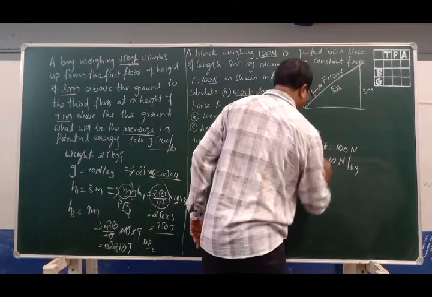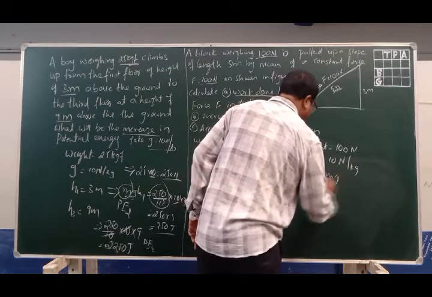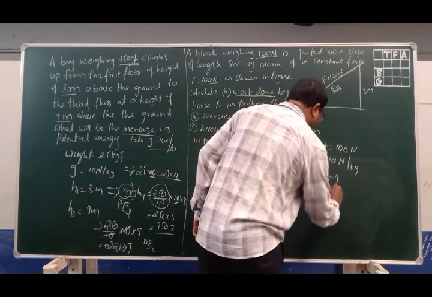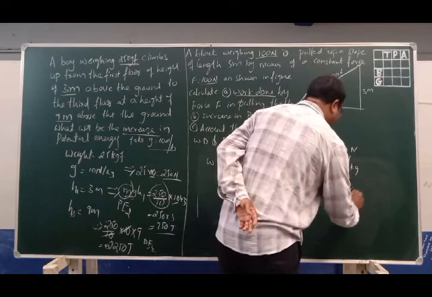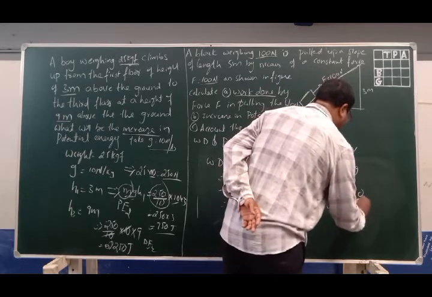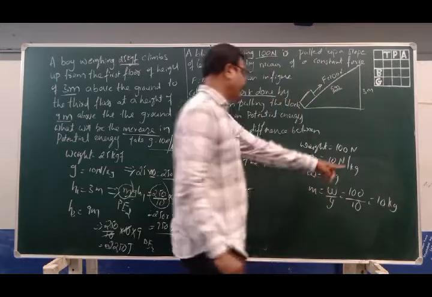So I want m: weight is equal to mg, or m is equal to w by g, that is 100 newtons divided by 10, that is 10 kg. That is the mass.